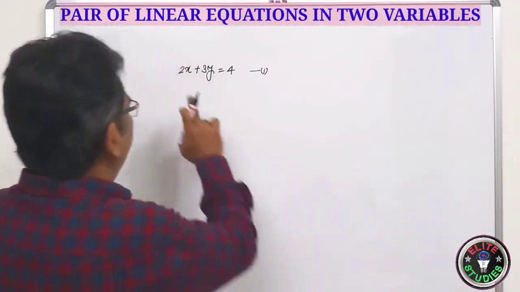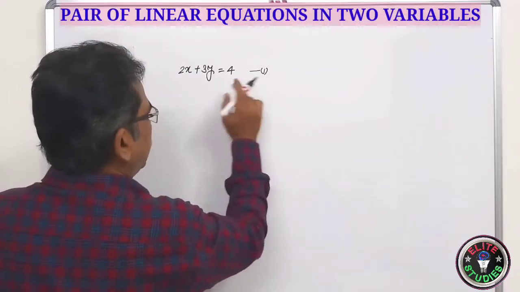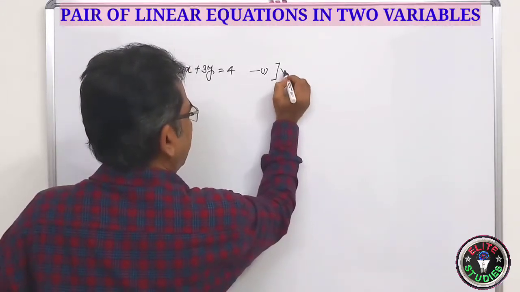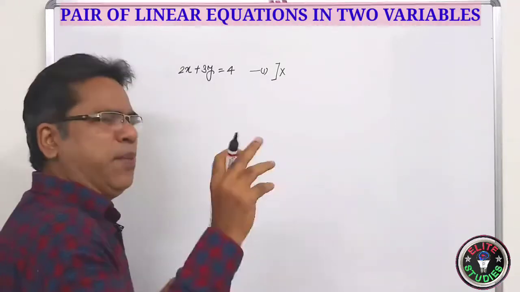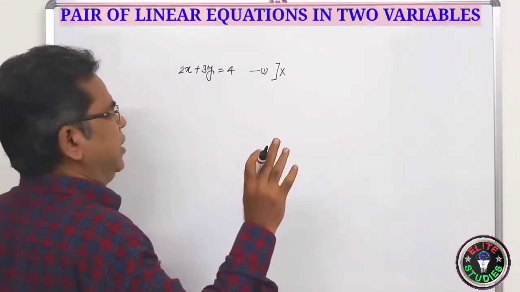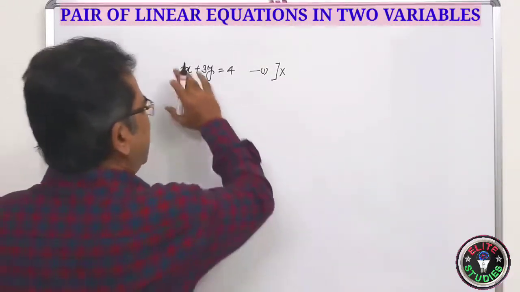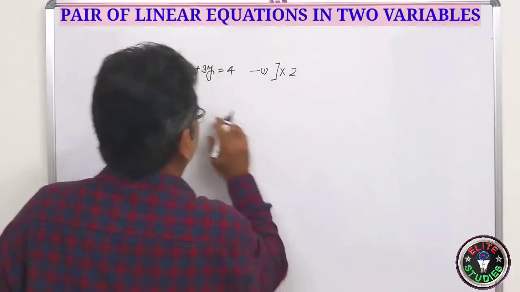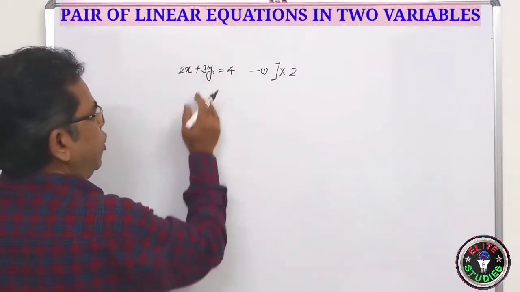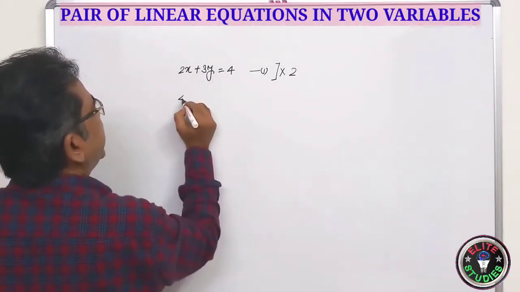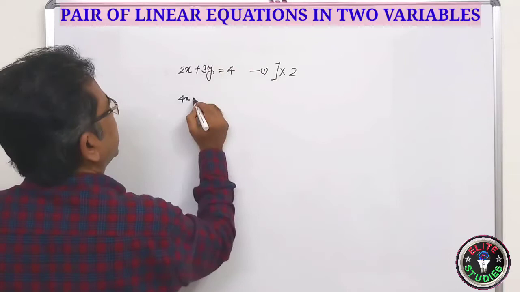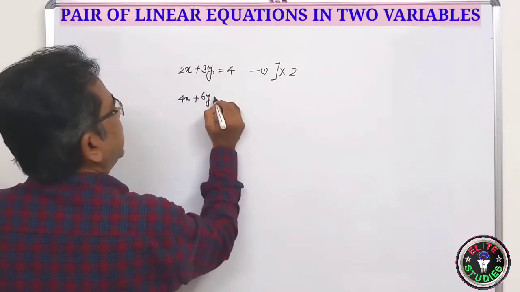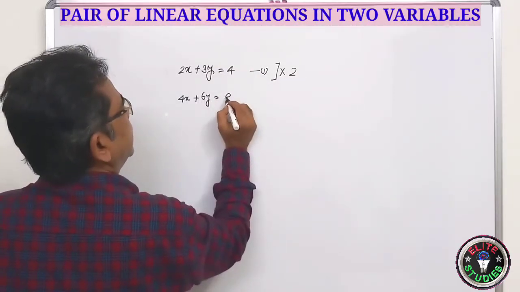Multiply this whole equation by, suppose, 2, 3, any number you like. For simplicity, let us multiply the LHS and the RHS by 2. If we multiply this equation by 2, we will get what? 2 twos are 4x, 2 threes are 6y, and 2 fours are 8.